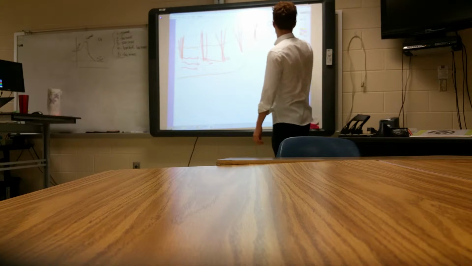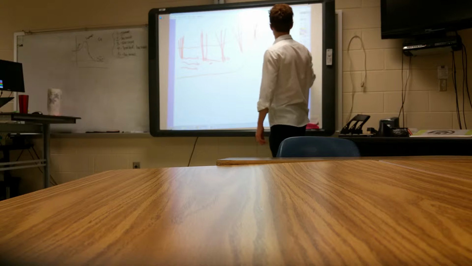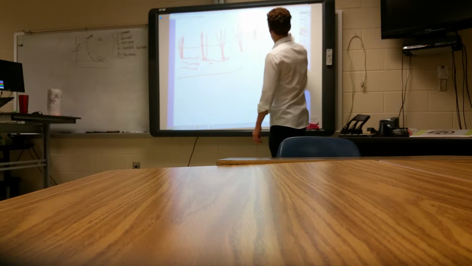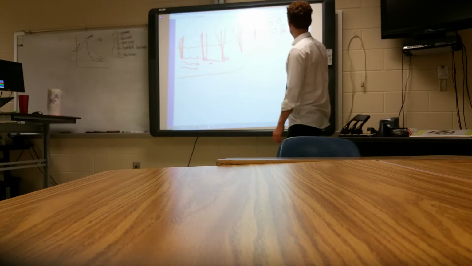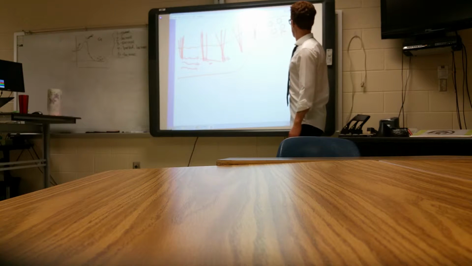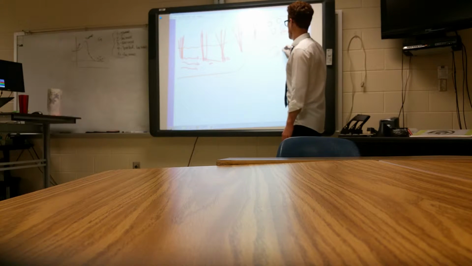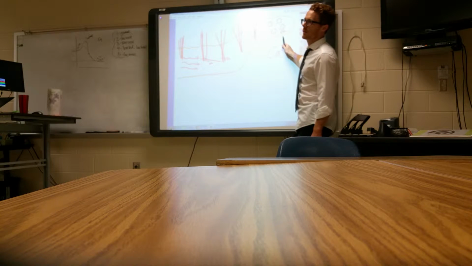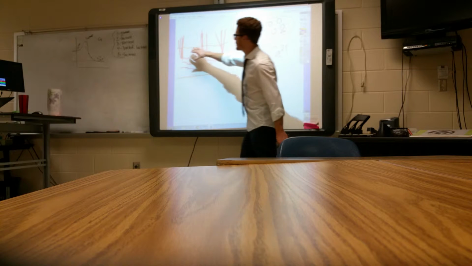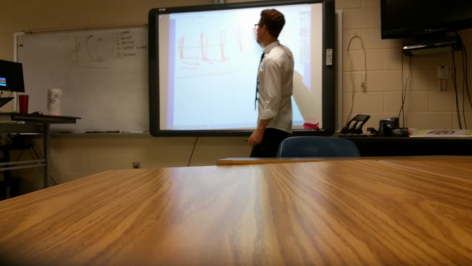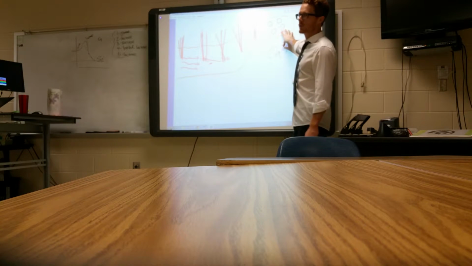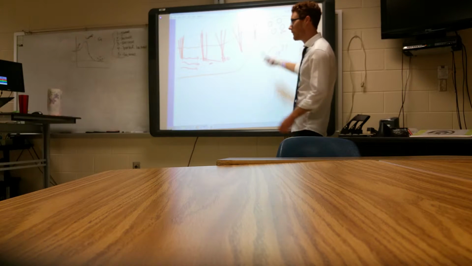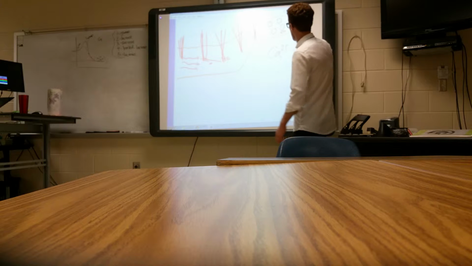Eventually, when this region reaches -50, you have calcium voltage-gated ion channels. So we're talking about sodium all the way down here, but at the very end you have calcium voltage-gated ion channels. When those detect -50, they open up.